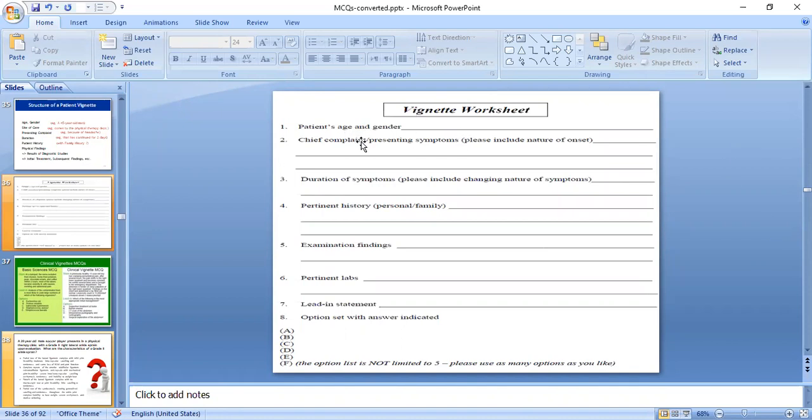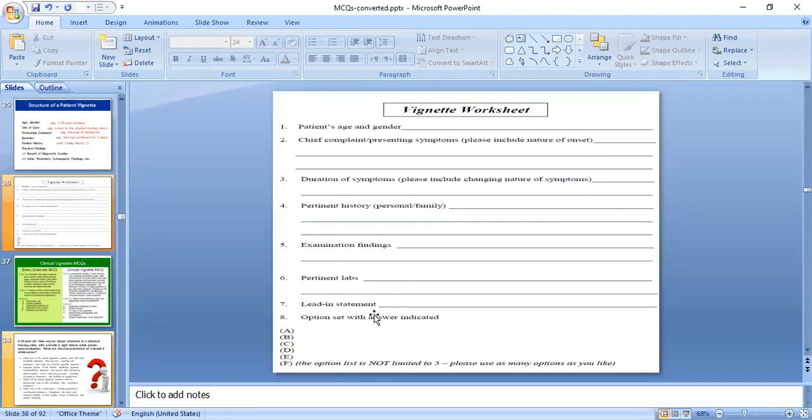You have to mention the patient's age and gender, then the chief complaint, then the duration, the different subjective examinations, then the patient history, the objective examination, then the different investigations, then the lead-in statement, and then the options set with the answer indicated, A, B, C, D, and E. It is not necessary that there be 4, 5, or 6 options. It's okay, but mostly the options are either 4 or 5.